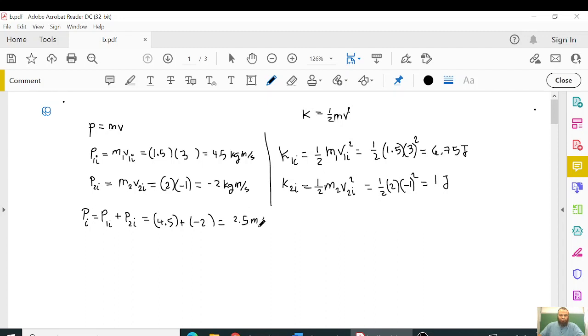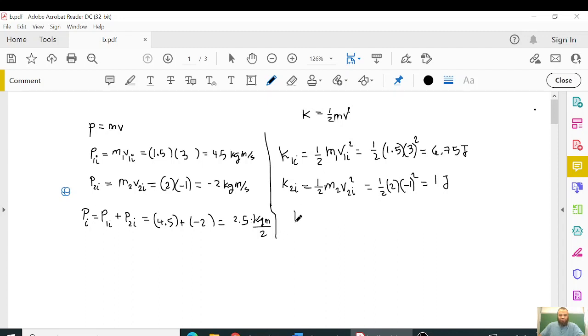It's kilogram meters per second. So let's put here kilogram meters per second. That's the total momentum before the collision.